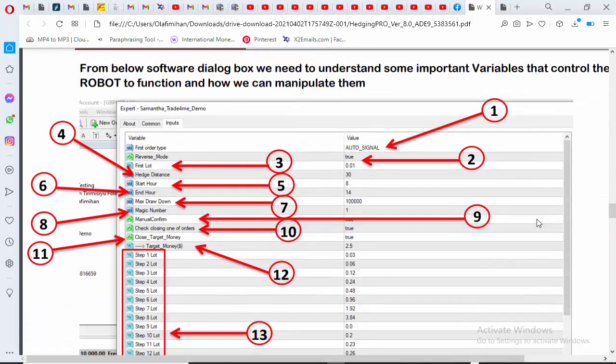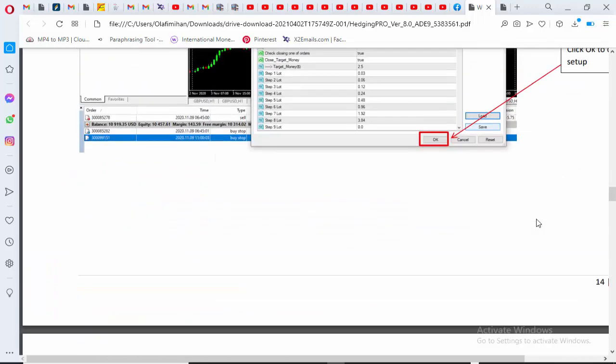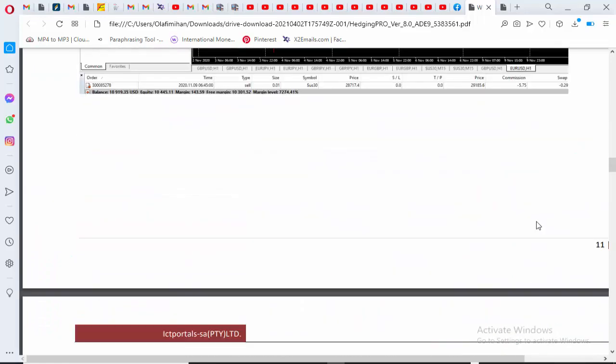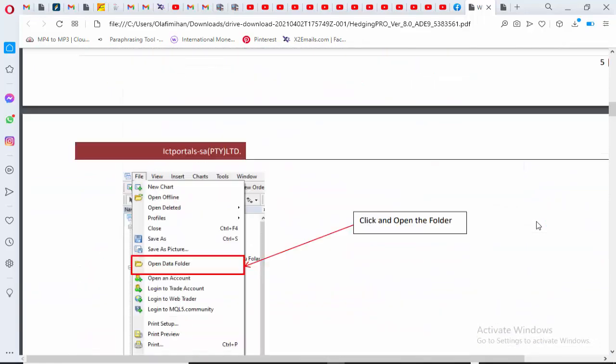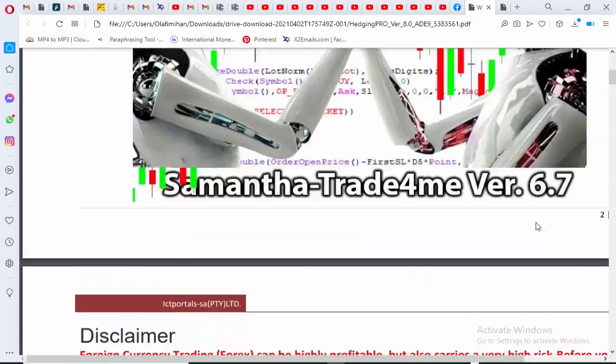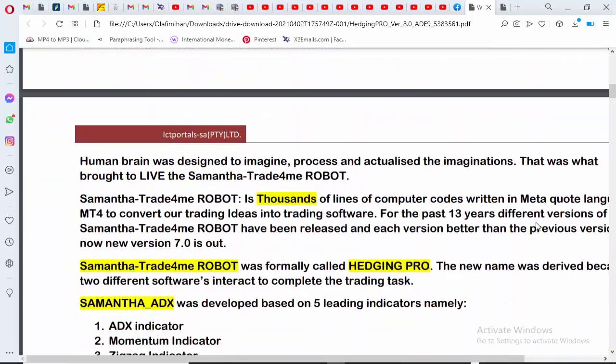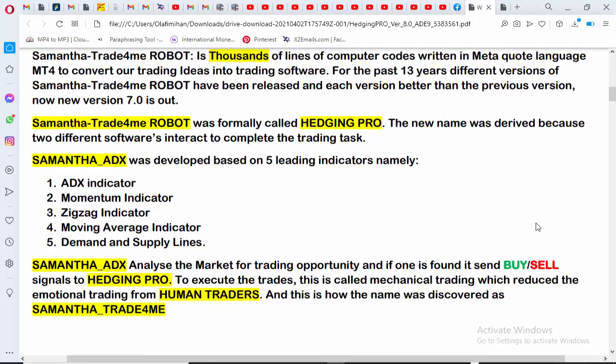Once you are using the software, I'm going to be sending PDFs to the group, where all of us will be together because we are already a family. I will send a manual there, and we can interact from the group from today henceforth. When I did version 8, because some people are using it in South Africa, I included what do we call that? Indicators.